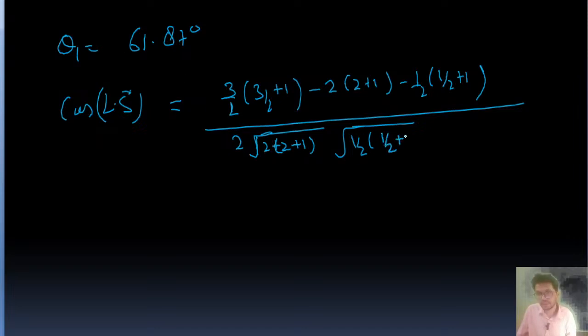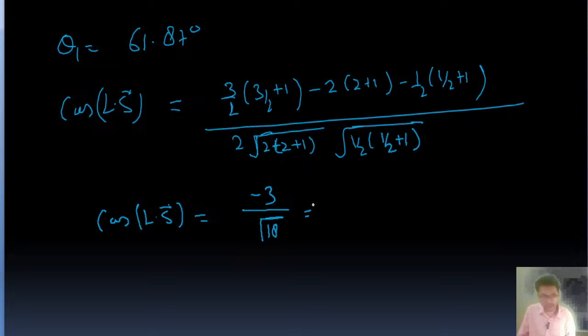Okay, so from here, cos L dot S is going to be minus 3 upon root 18, and this value is minus 0.701. So from here, theta 2 value is going to be 135 degrees. Okay, this is the answer, guys.